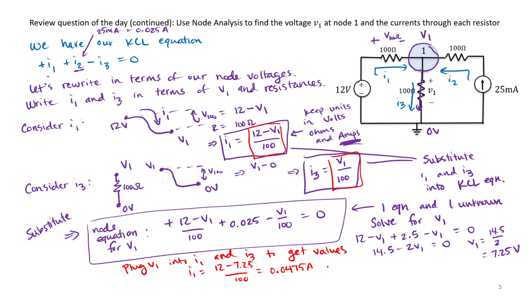And similarly, I3 is equal to V1 over 100, in this case 0.0725 amperes. So we have successfully found our voltage V1 and the currents through each resistor.